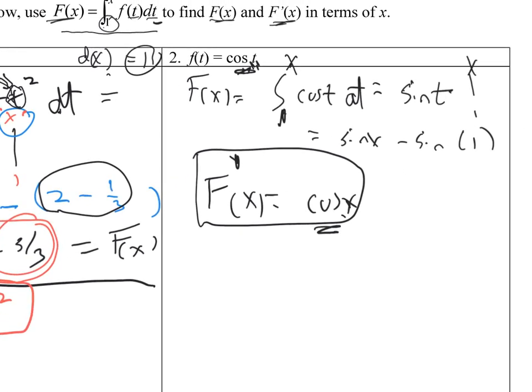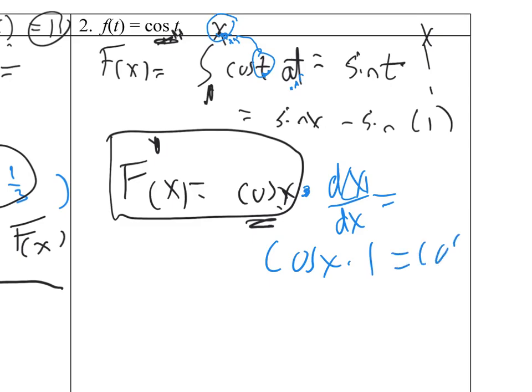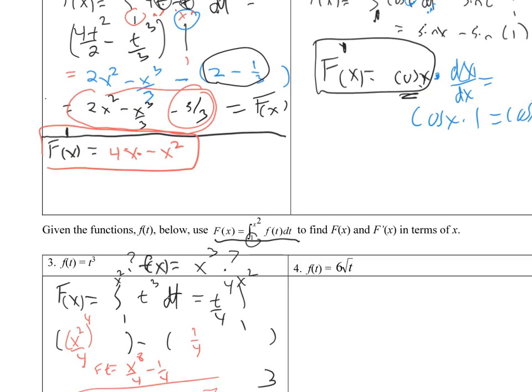Same thing over here. It was simply just taking an x and plugging it in, but then dt changed to not of a t, but of the x. And then the derivative of x was 1, so the final answer was cosine of x times the derivative of x with respect to x, and that still gives me cosine of x times the 1, which is cosine of x. See what happened down here?